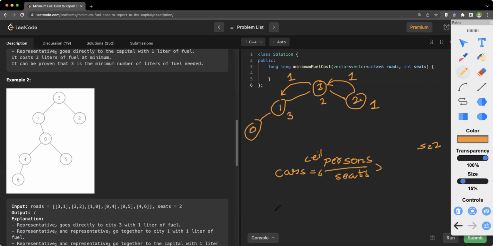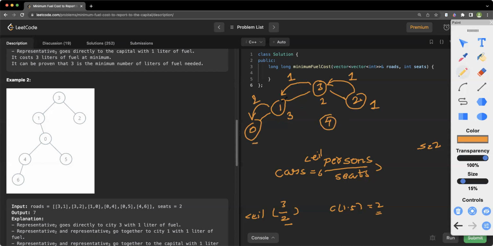Here in this case, 3 by 2, we take ceil. The ceil of 1.5 will be 2. So we require 2 cars. So the total cost will be 2 plus 1 plus 1. The total cost will be 4 to get to city 0.